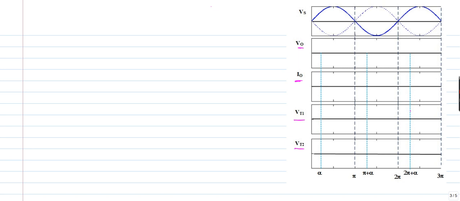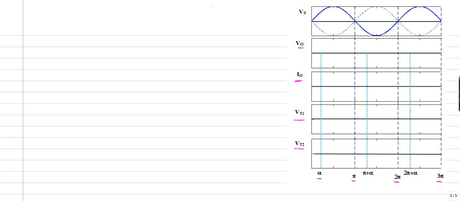So these are the various components we need to analyze for one complete cycle. To make our analysis simpler, we divide one complete cycle into different modes. First, identify the zero crossings of the source voltage. Zero crossings are at pi, 2 pi and 3 pi, indicated with dark black lines in this figure. Next, indicate the triggering instants.